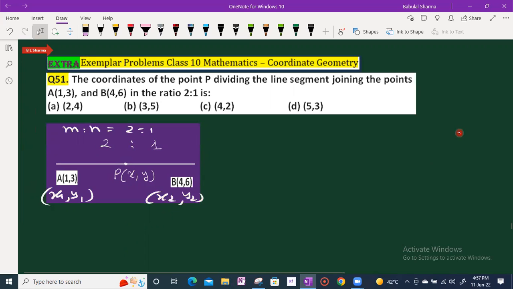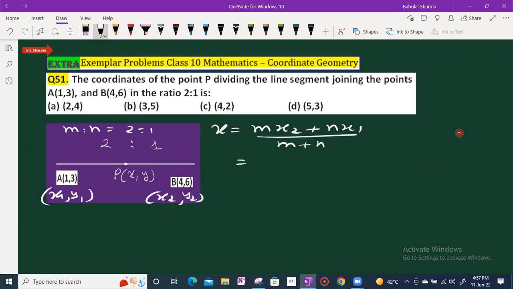We know using the section formula, x is equal to (mx2 plus nx1) upon (m plus n). m is 2, n is 1, so m plus n is 2 plus 1. What is x2? 4.